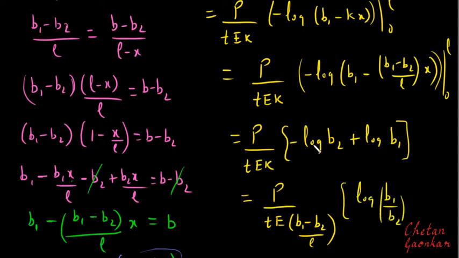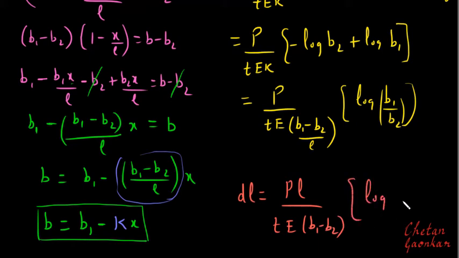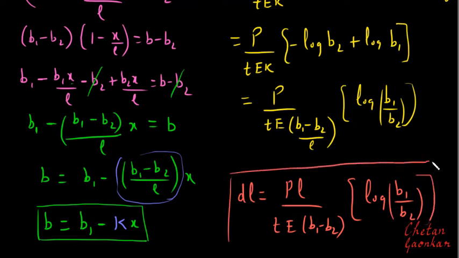Because log of A minus log of B is log of A divided by B. And then finally I can write the expression for the deformation of continuously varying bar as PL divided by TE times B1 minus B2, and this has to be multiplied by log of B1 by B2. So this is the expression we get in order to calculate the deformation of a continuously varying cross section bar.